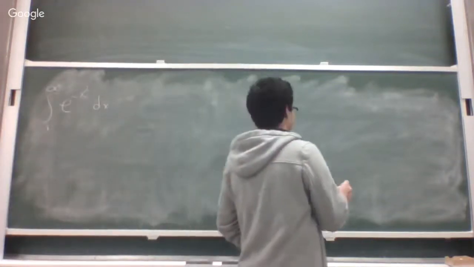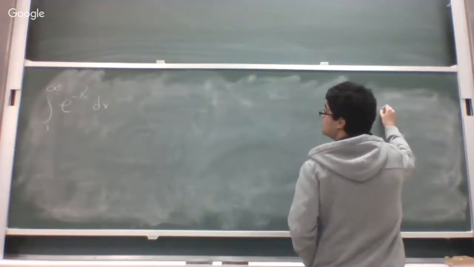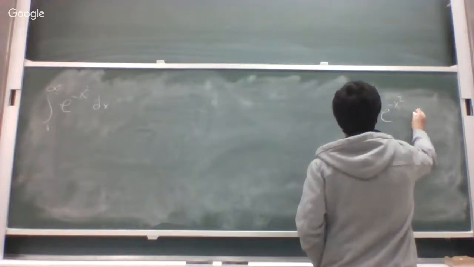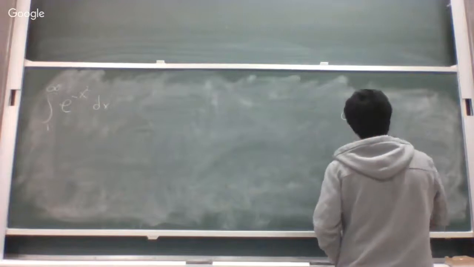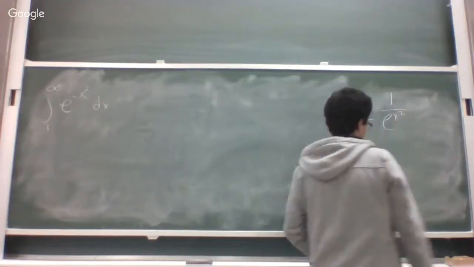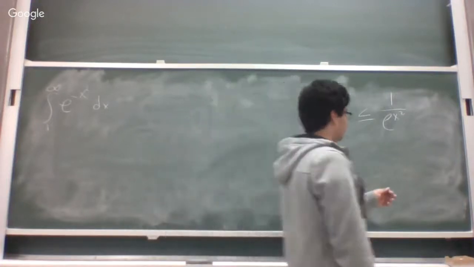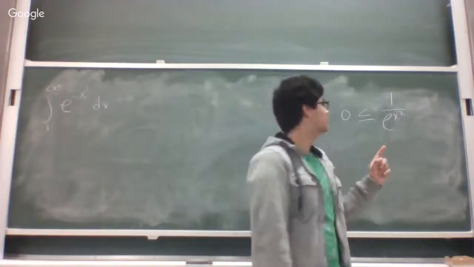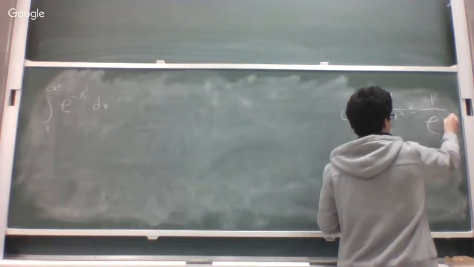So that's our f of x, okay? So 0 is less than or equal to e to the minus x squared. What g of x could you think of that we could use in this situation? 1 over e to the x, okay?